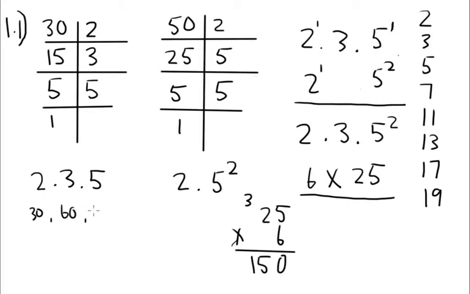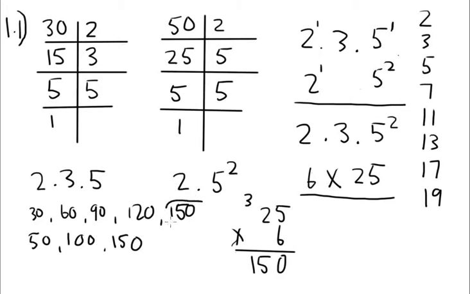So you've got 30, 60, 90, 120, 150. All I'm doing is taking the multiples of 3 and adding a 0 at the end. Similar to 50, it's just the multiples of 5 with a 0 added: 5, 10, 15 with a 0. And you can see that the lowest common multiple is 150.